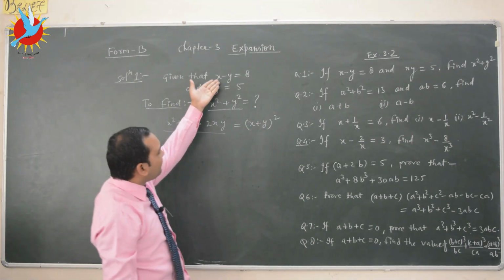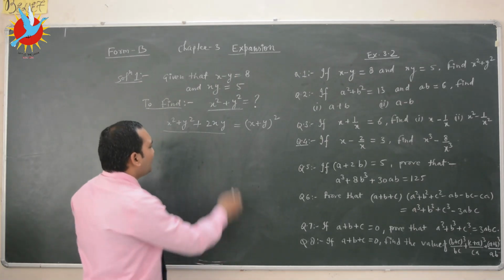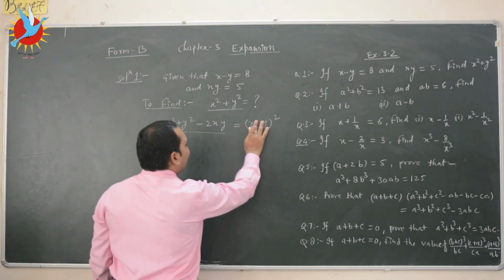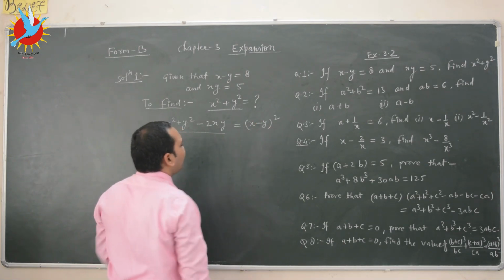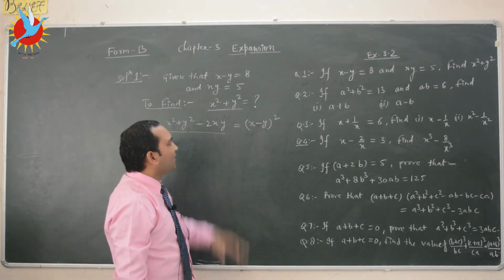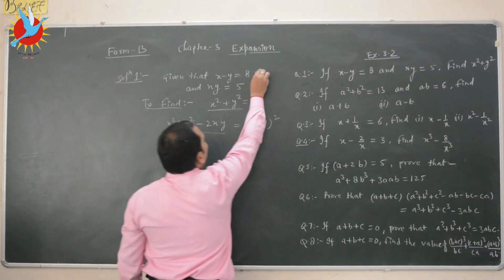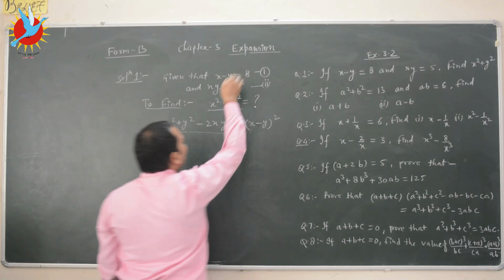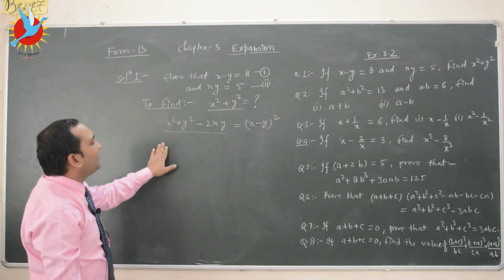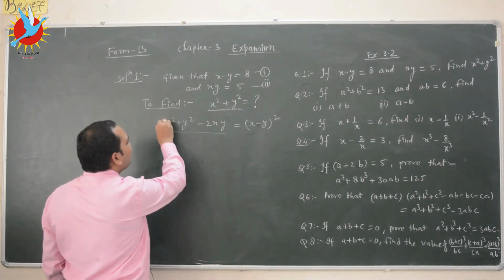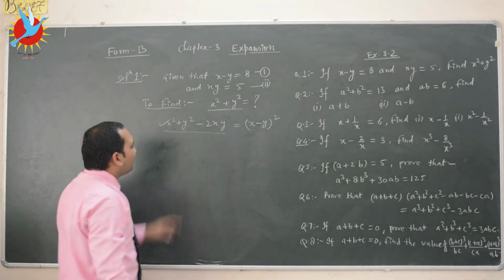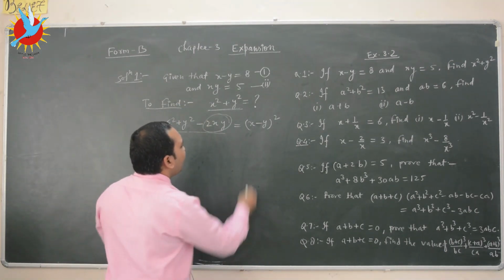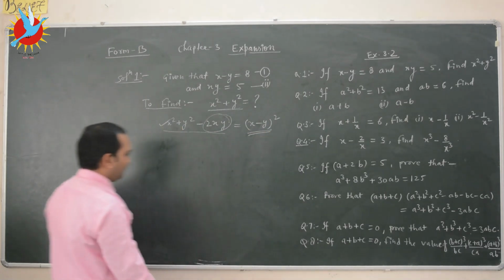But here x minus y is given, so we subtract 2xy, and that is the formula of x minus y whole square. So we square equation first, and then we find the value of x square plus y square, where xy is given and x minus y is given.